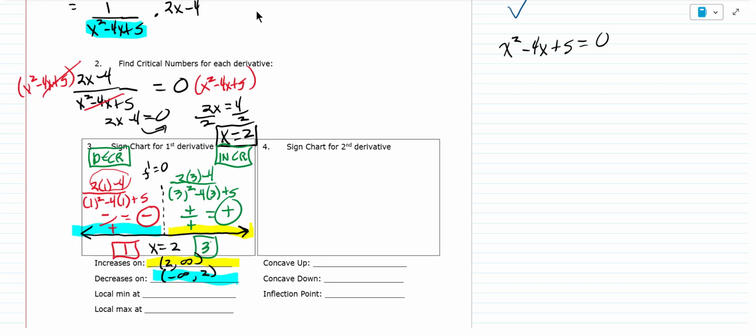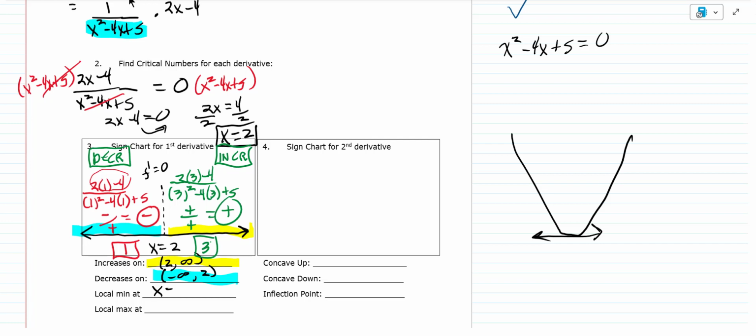Now what you have to think about is, is that 2 a minimum, or a maximum, or neither? Well, the graph is decreasing, then increasing, and the derivative equals 0. So is that a min or a max? It's a min. If you decrease, then increase, that's a local min.